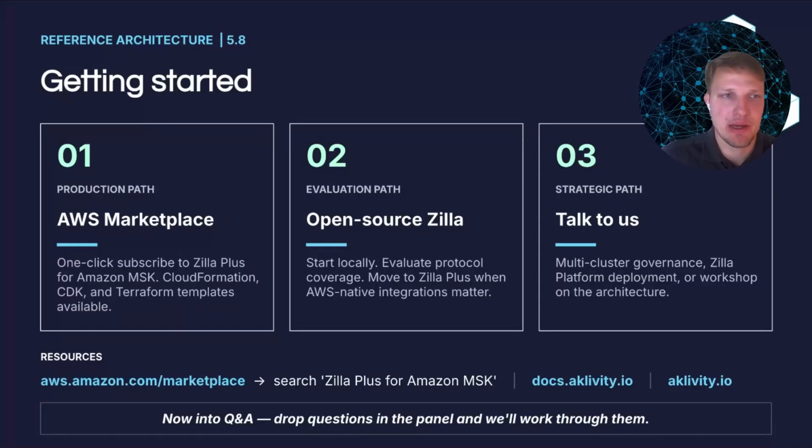Okay, yeah. So that was the demo. We covered everything. In terms of how to take advantage of all of this, there are three paths from here. One is you can deploy the Zilla gateway that you saw on its own, and it's available on Marketplace. If you want to do things like Kafka proxying and expose your MSK cluster via a gateway/proxy, you can go to the Marketplace and search for Zilla Plus for Amazon MSK.